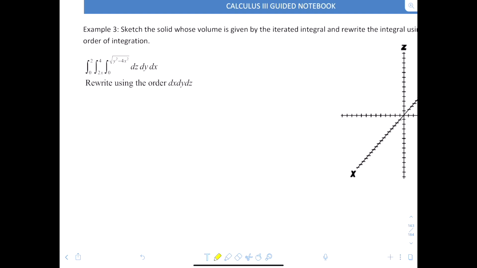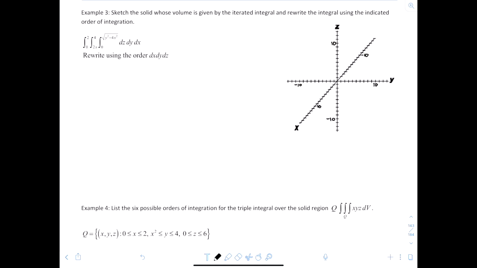Because in order to get a feel for this, we're going to really want probably to make a picture of what is going on here. Here's all the information we have, okay? 0 is less than or equal to x is less than or equal to 2. 2x is less than or equal to y, which in turn is less than or equal to 4.